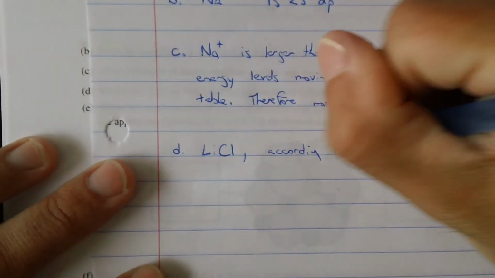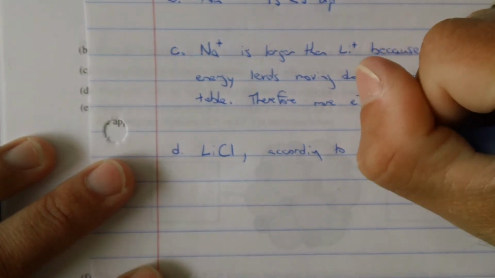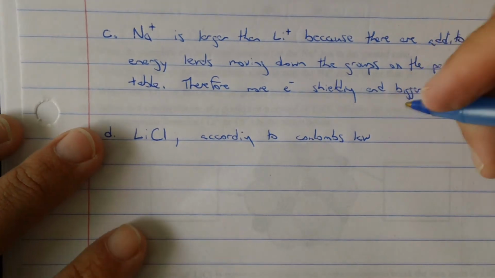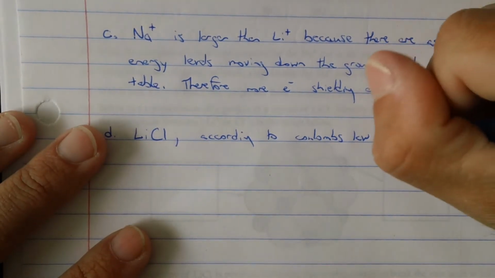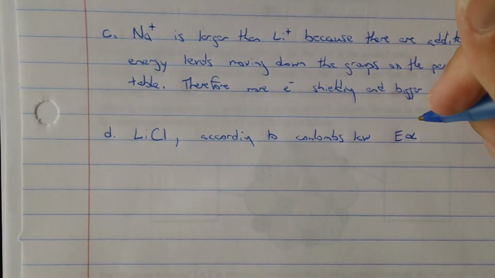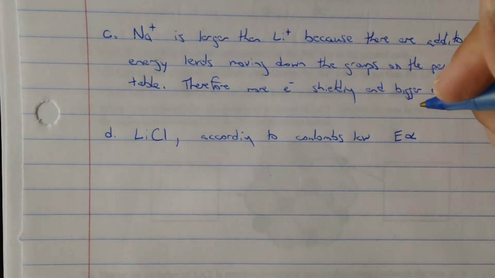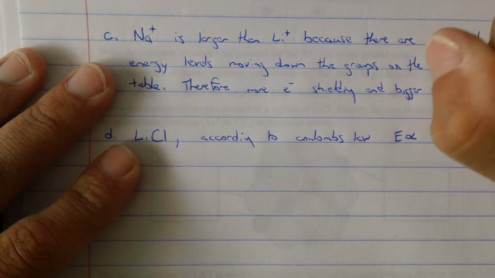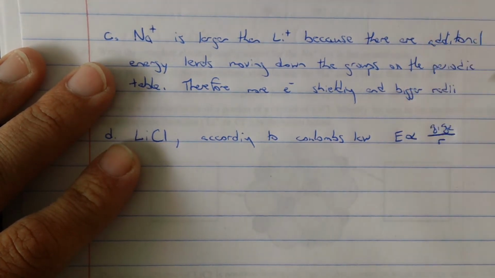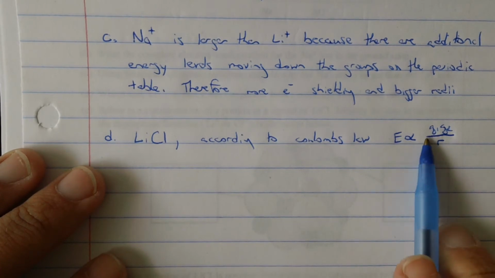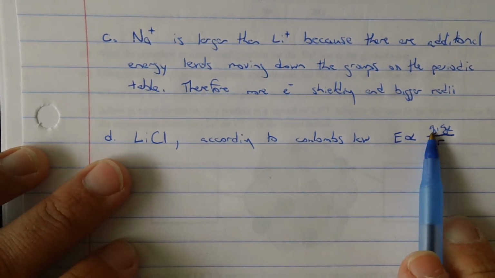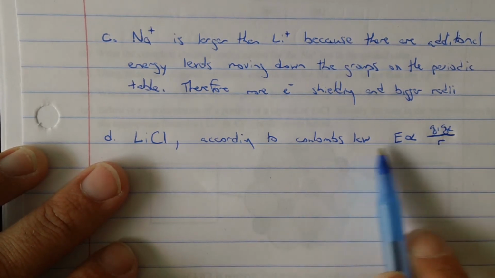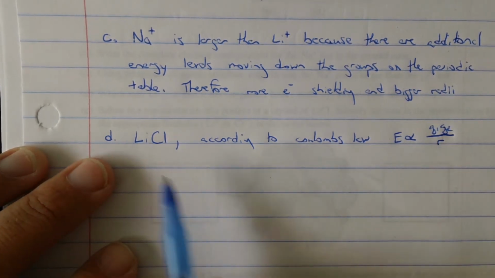According to Coulomb's law. This is a Coulomb's law question, where the energy is proportional to the charges Q1, Q2 over the radius. The charges are the same on lithium chloride and sodium chloride. They're both 1 charges. The radius makes the difference here.